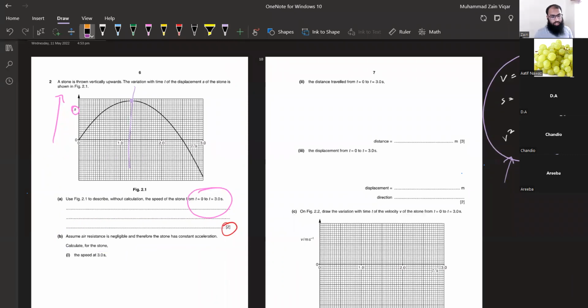Yeah, draw a tangent. Drawing a tangent is also an option. Yeah, you're right. Drawing a tangent could also tell me about this.